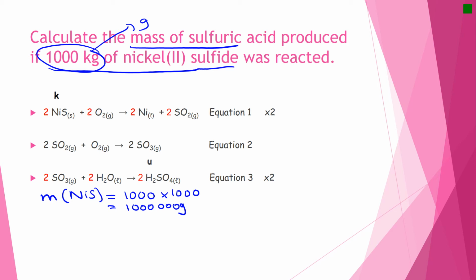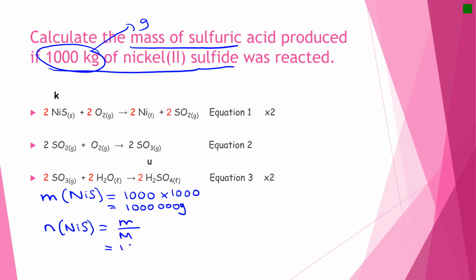Now that we've got our mass in grams, we can actually find the number of moles. So the number of moles of nickel sulfide is equal to a mass over a formula mass. I always tell my marker what I'm doing.